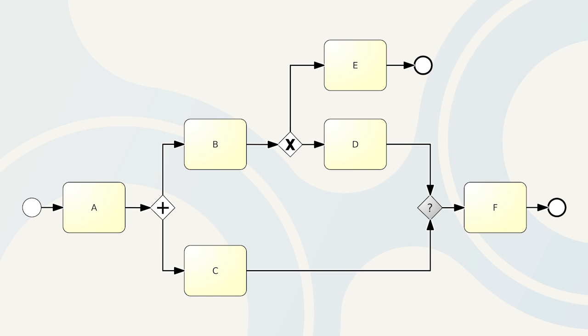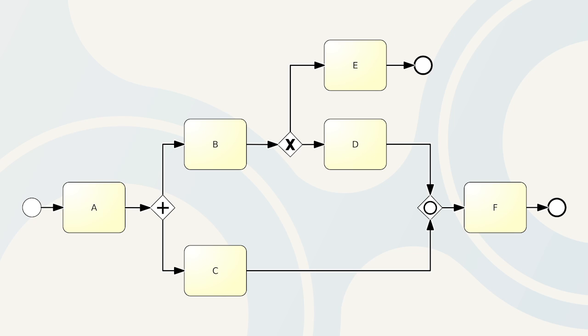Otherwise, if we execute activity E, that token will never arrive. As a result, we may execute activity F either once or two times, which is a nondeterministic behavior and may not be desirable. So now it is clear that in this case we need to use an OR join.